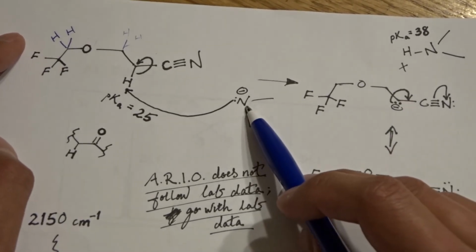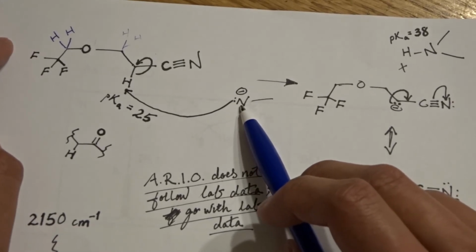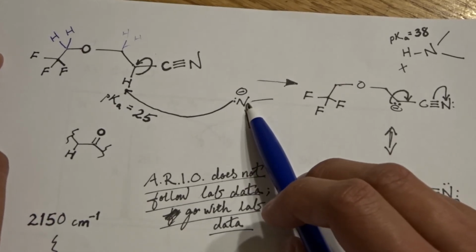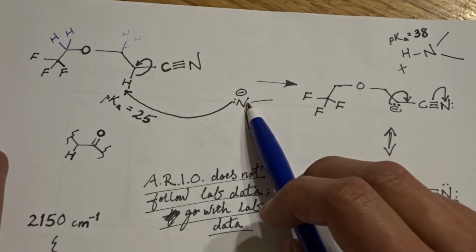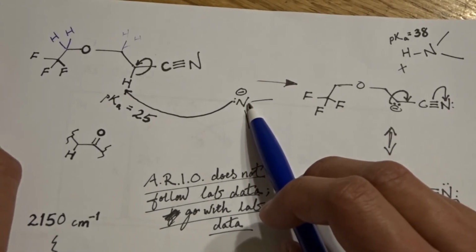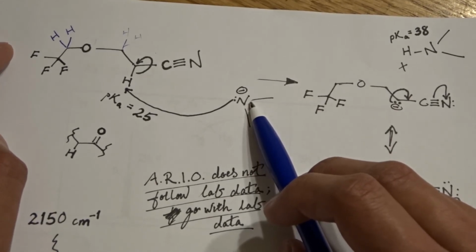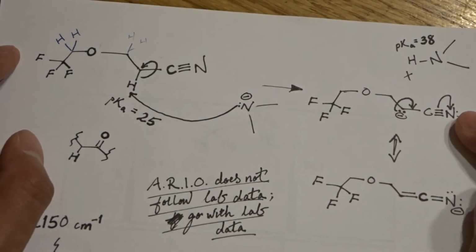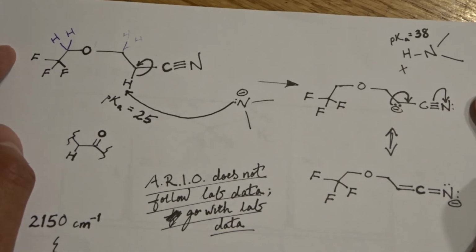So the atom effect would say that a negative charge on a more electronegative atom, in this case nitrogen, is better than carbon. Hence the nitrogen with the negative charge would be a more stable base. And so equilibrium always lies towards the more stable side, so it would go towards the left. But pKa says otherwise.